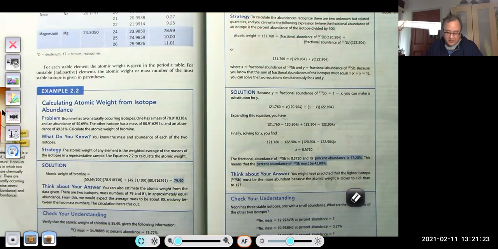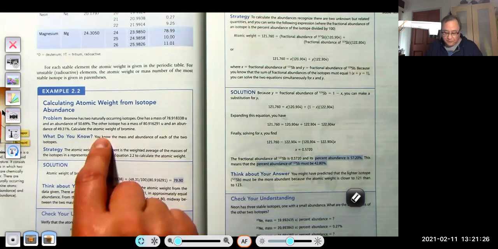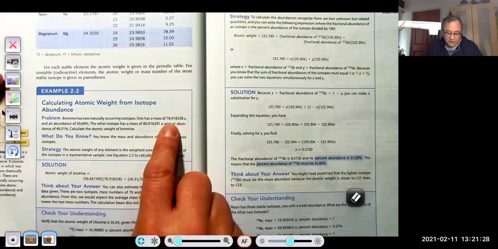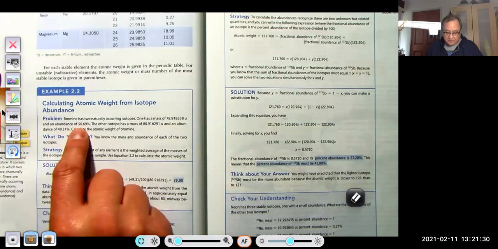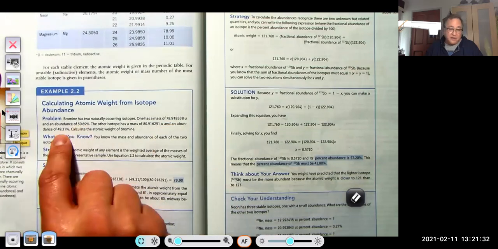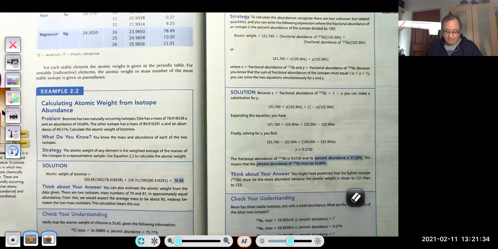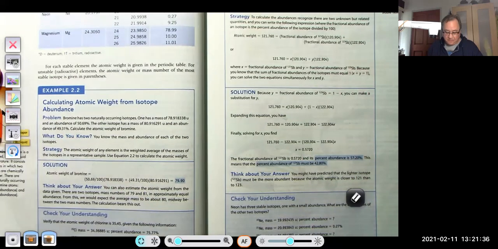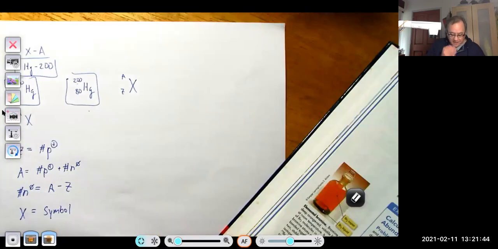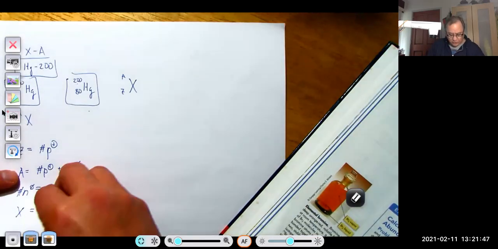So they give you the mass of each isotope and the percent of each isotope. And they say calculate the atomic weight of bromine. So to do that, you use the following formula.